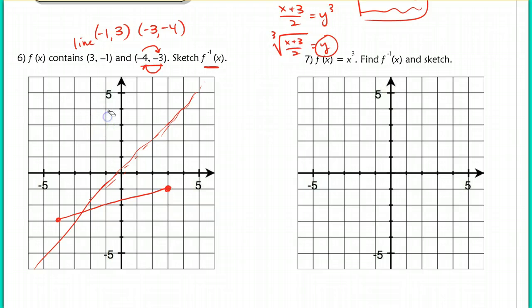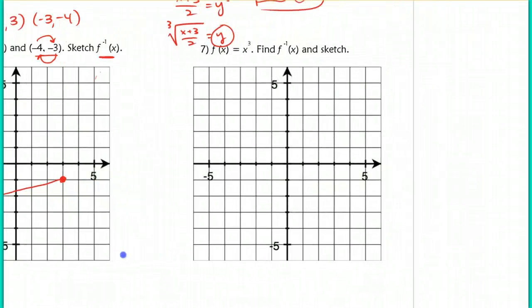Let's do this in a different color. You can see how it's reflected now over this line here. Let's try to draw it a little bit better. Anyways, you can see that that is the reflection over the line y equals x.